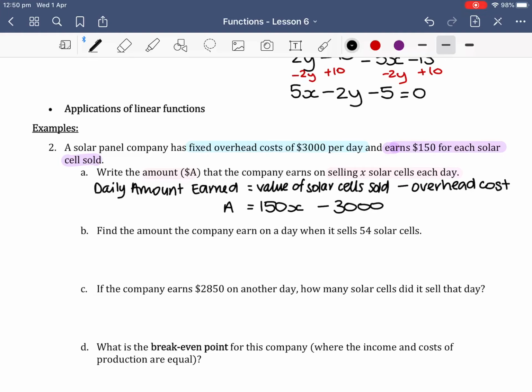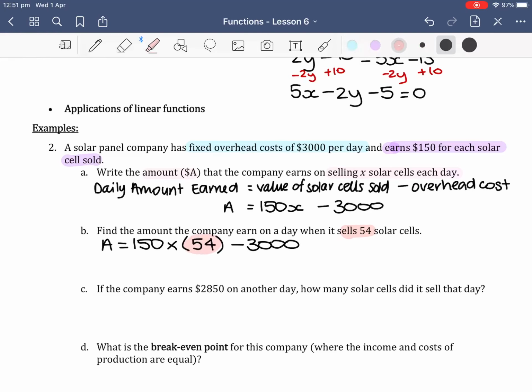So in 2B, we want to find the amount the company earned on a day when it sells 54 solar cells. So that means we're going to let our X equal 54. So we're going to sub this into our equation that we have just created. So we have A equals 150 times our X of 54 minus our $3,000.